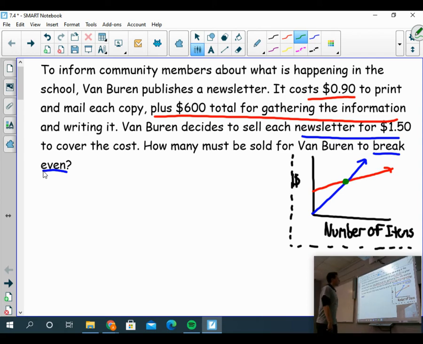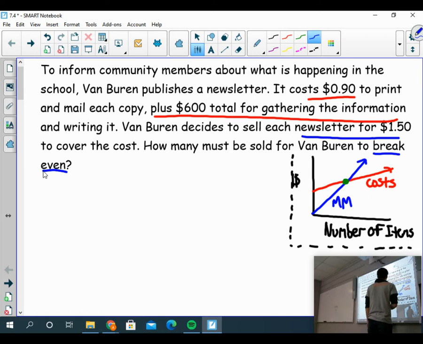So any business starts with the red line. The red line we consider the costs, and the blue line we consider making money. Because of that $600 initial fee, it's going to start higher up on the money chart. And it's 90 cents per, so it's going to be an increasing line. But if we're selling them for more, our money making is going to increase at a steeper rate, but it starts at zero.